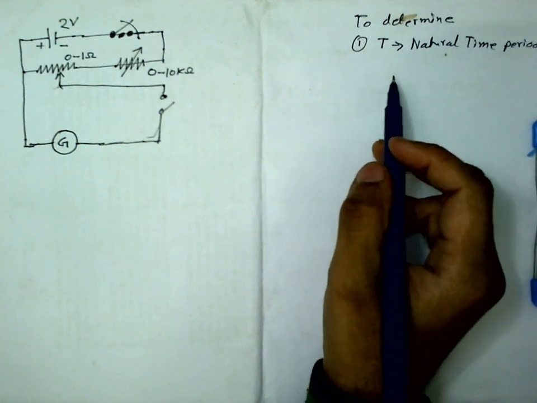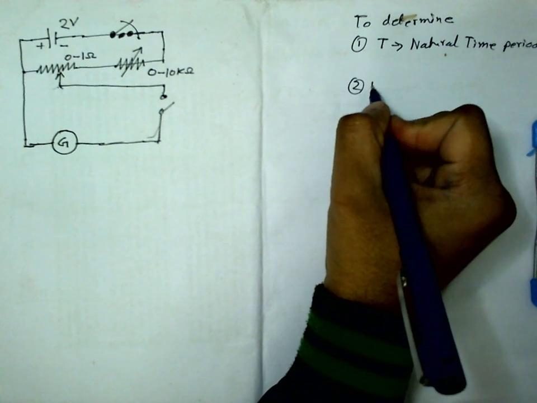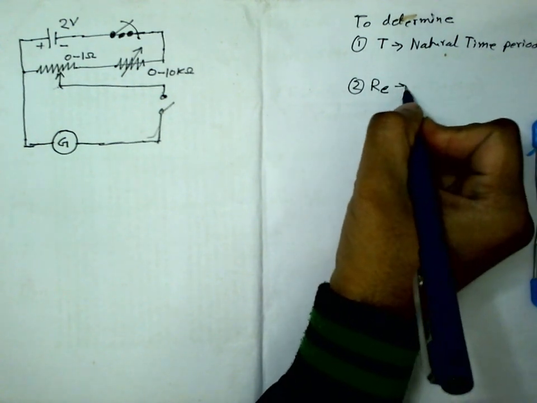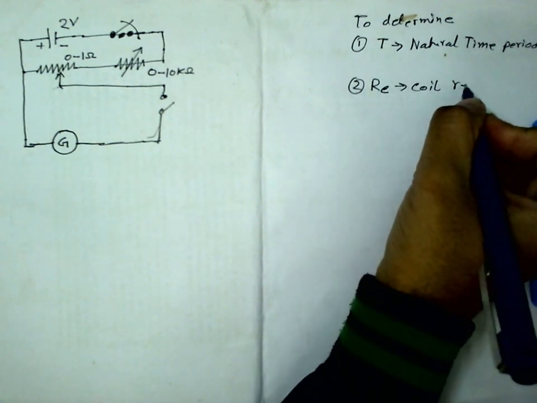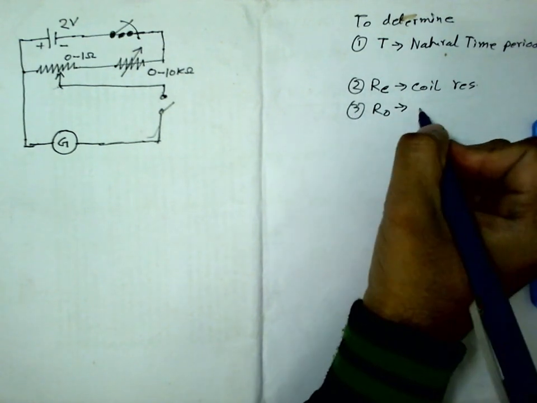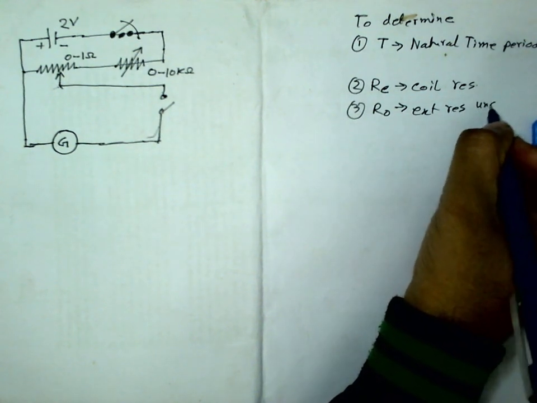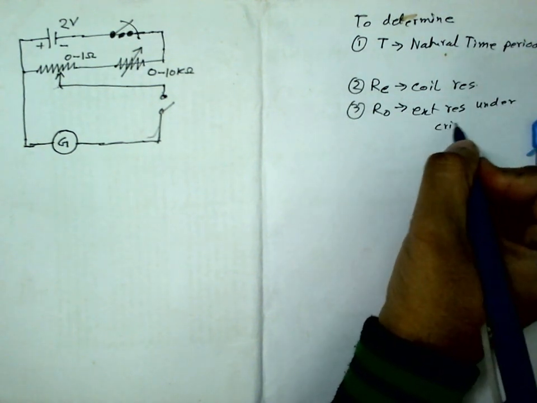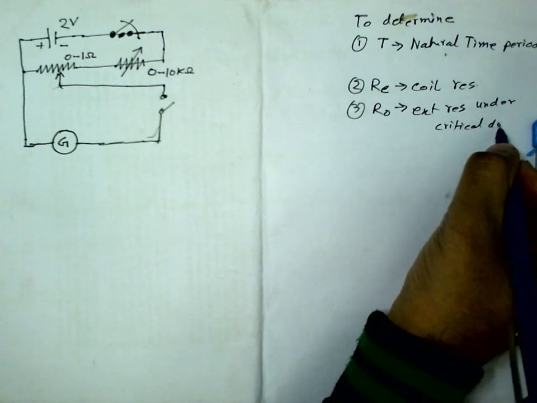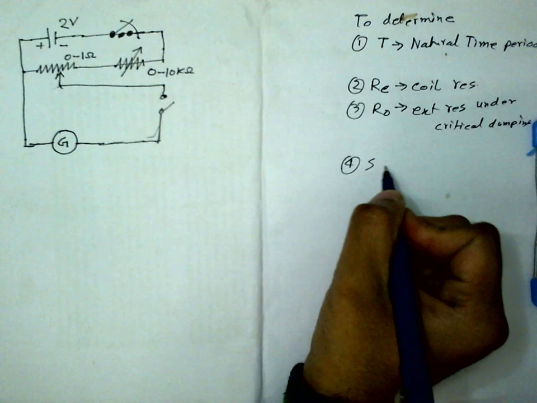Then we need the resistance of the coil plus the external resistance RO under critical damping, and sensitivity S.